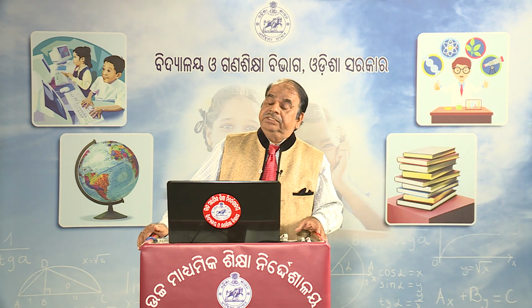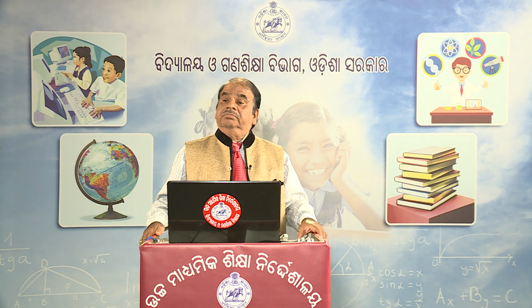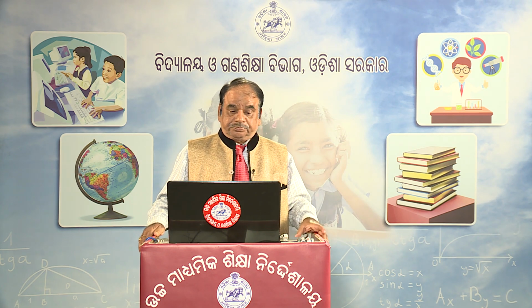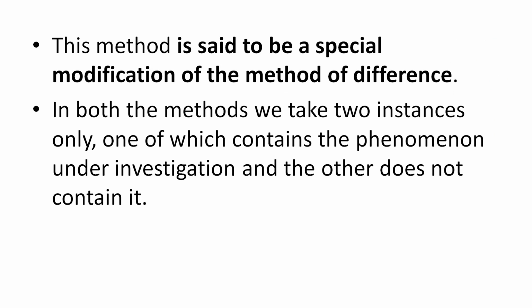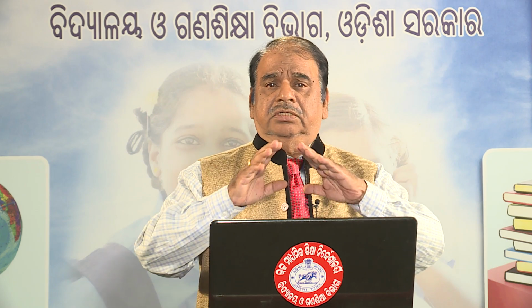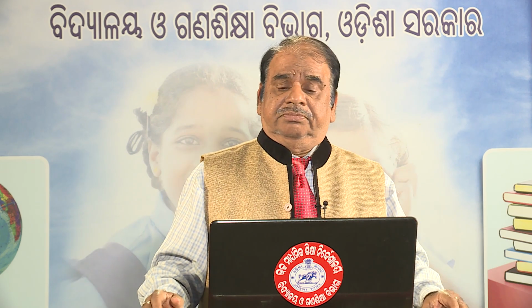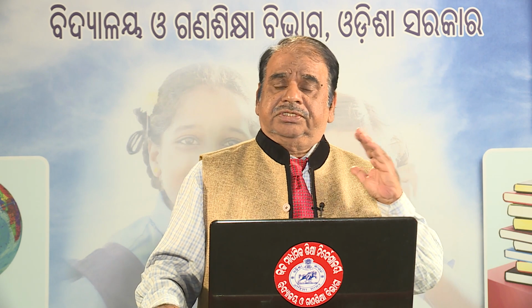That is why it is known as the method of deduction. It is also considered a modification of the method of difference. You will see in the symbolic example, it is exactly like the method of difference. So, it is a modification of the method of difference, where there is only one variation, and when you subtract, you reach that variation.